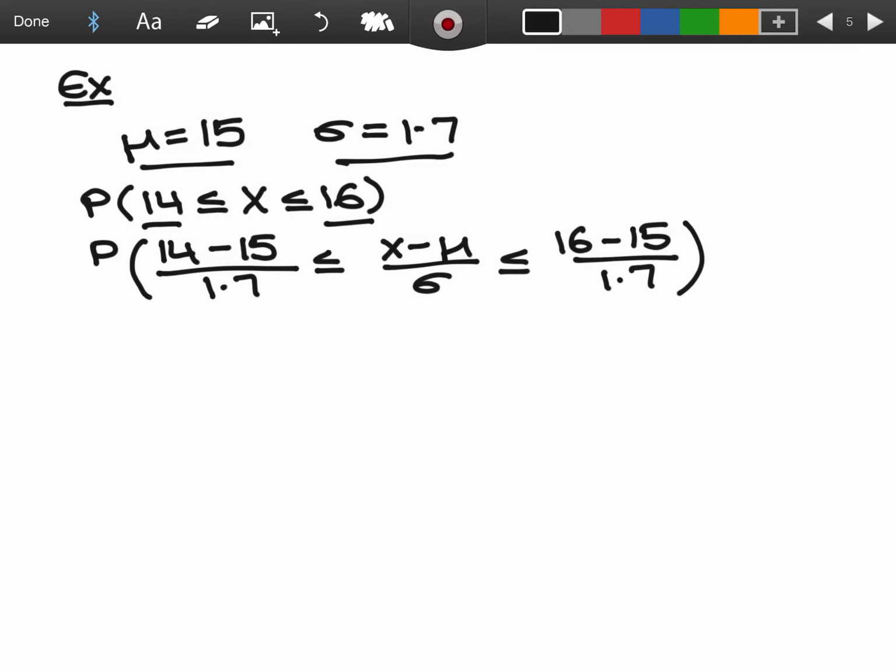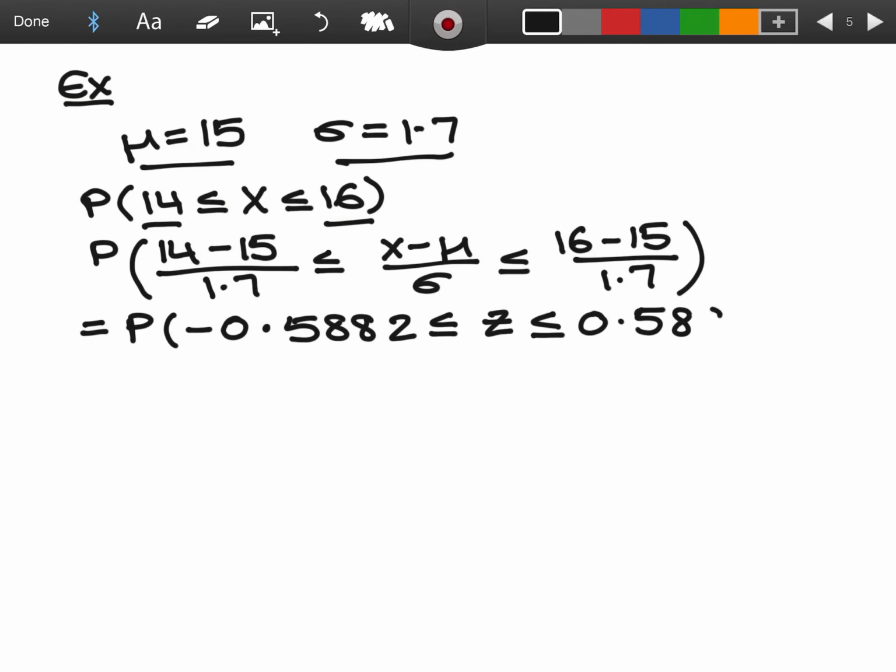Now, once you have done this Z transformation, let's do a quick calculation here. You end up with the probability that you have negative 0.5882. Now, X minus the mean divided by the standard deviation is just Z, and this one here is that.